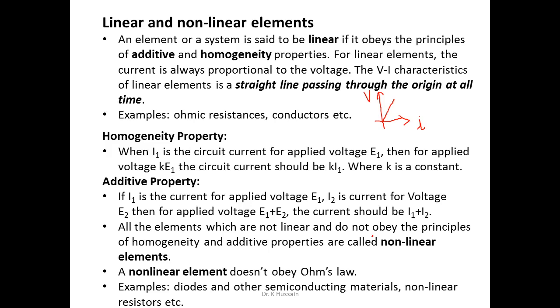Even resistors also, if it is a non-linear resistor, it won't follow Ohm's law. If it is a linear resistor, it must follow Ohm's law, because it is a relation between V and I: I is directly proportional to V. So this is the difference between linear and non-linear elements.